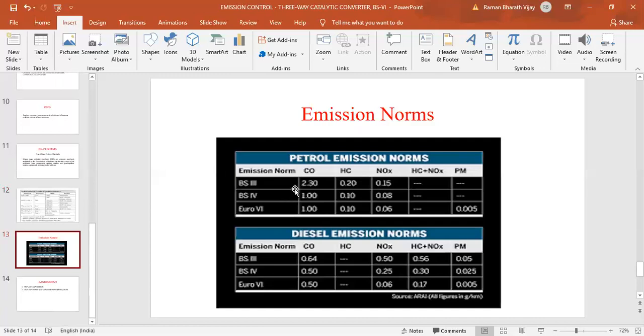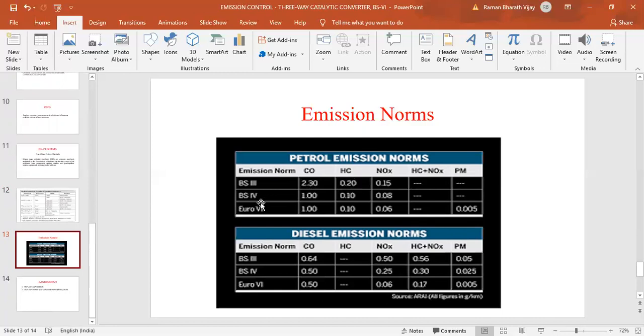In case of a petrol engine, for BS3 the carbon monoxide emitted should be 2.30, and the hydrocarbon should be 0.20.